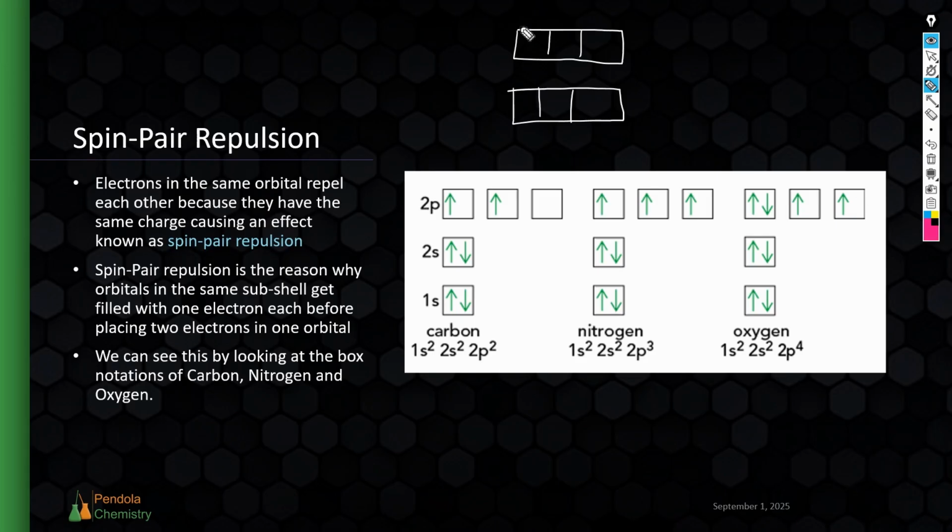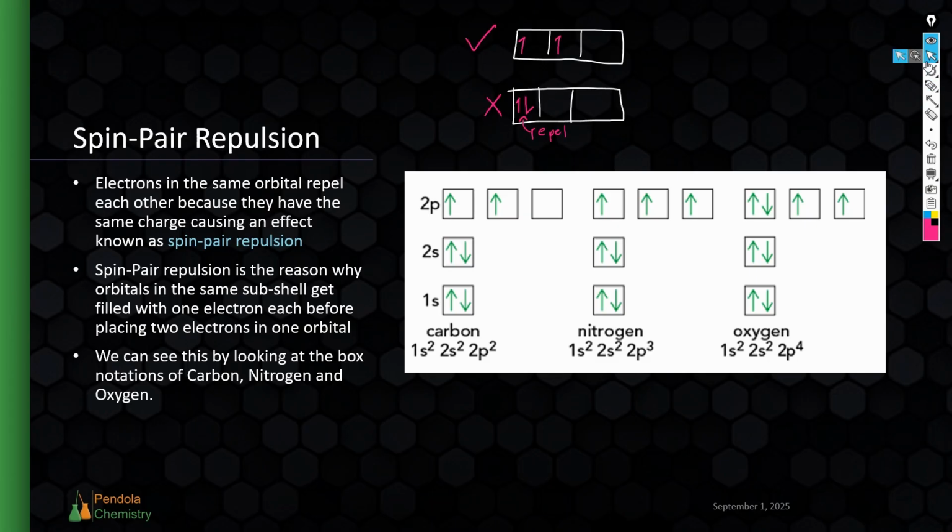The reason why, when I have 2 electrons, they go like this and not like this is spin pair repulsion. The top one is correct. This one is not. Why? These are repelling each other. This is creating spin pair repulsion that's unnecessary. Why is it unnecessary? One of these electrons can easily move into the next orbital, which will allow them to not have spin pair repulsion. There is an alternative, and that's why this rule is there for box notation, because that's what naturally happens.